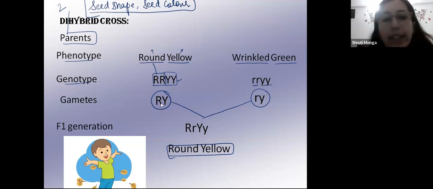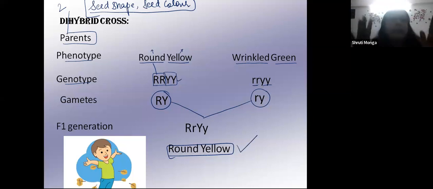For gametes, take 1 from both. Capital R will give 1 R, capital Y will give 1 Y, small r will give small r, small y will give small y. Cross them, you will get the F1 generation as round yellow. Draw till here. Then I will move ahead.